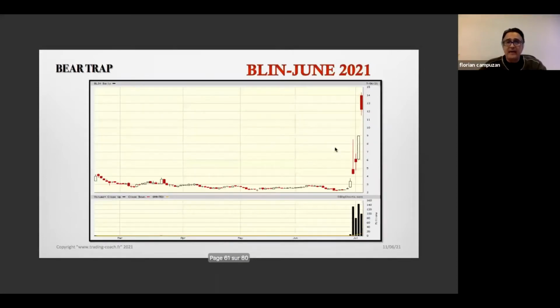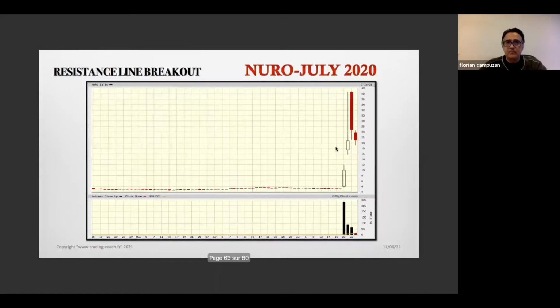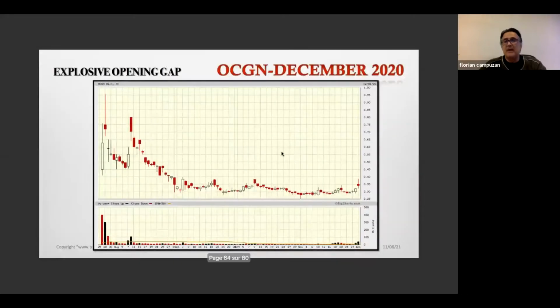There are others, maybe it's not original, but many things I like. Bottom fishing, and the explosive opening gaps are interesting.